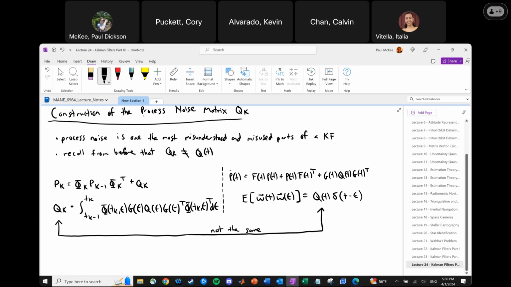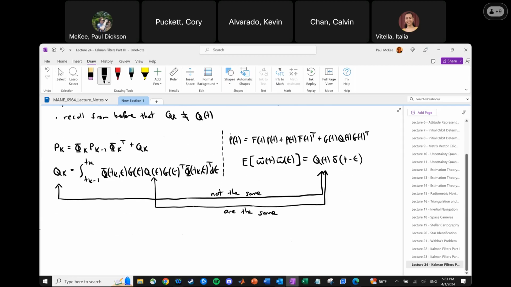However, this Q and this Q are the same. Just want to make that crystal clear. So at some point, we will need to make friends with this Q_k, and that's what we're going to try to do now.